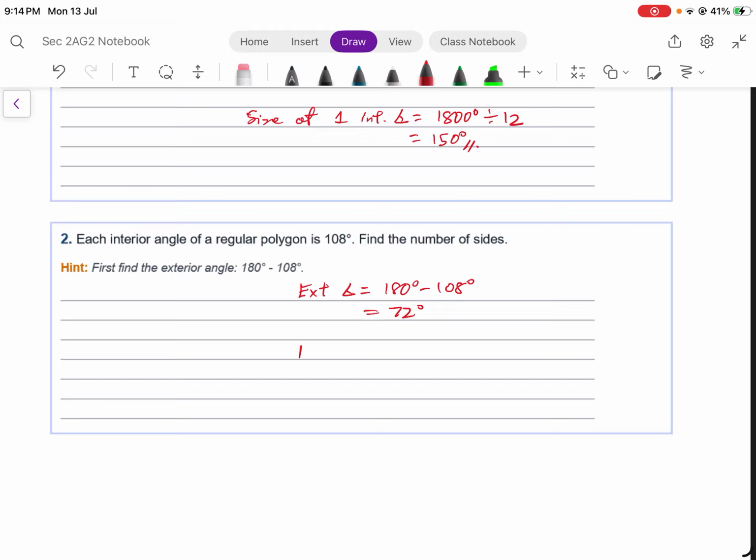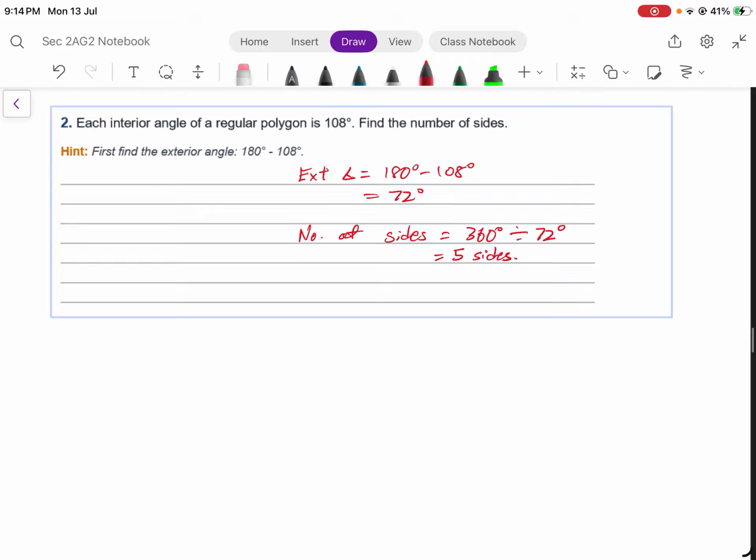So the number of sides is 360 divided by 72 degrees. It will be 5 sides.